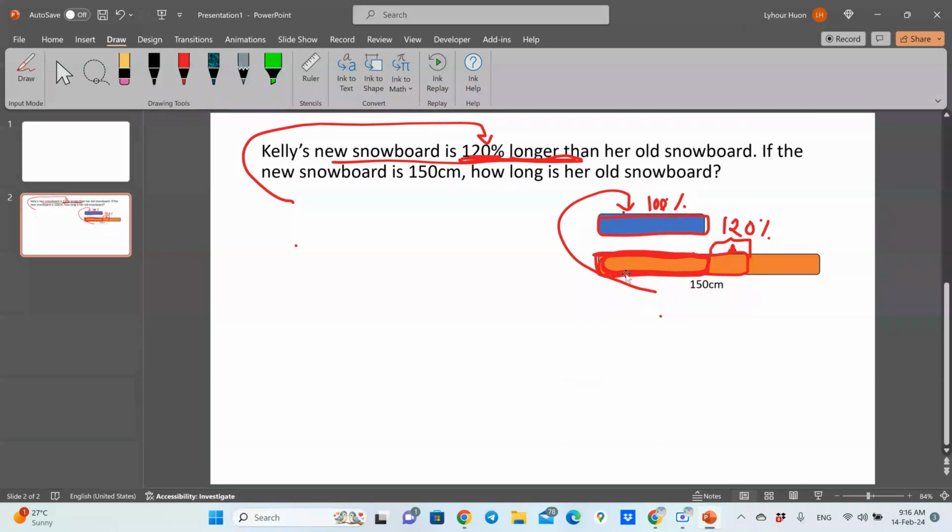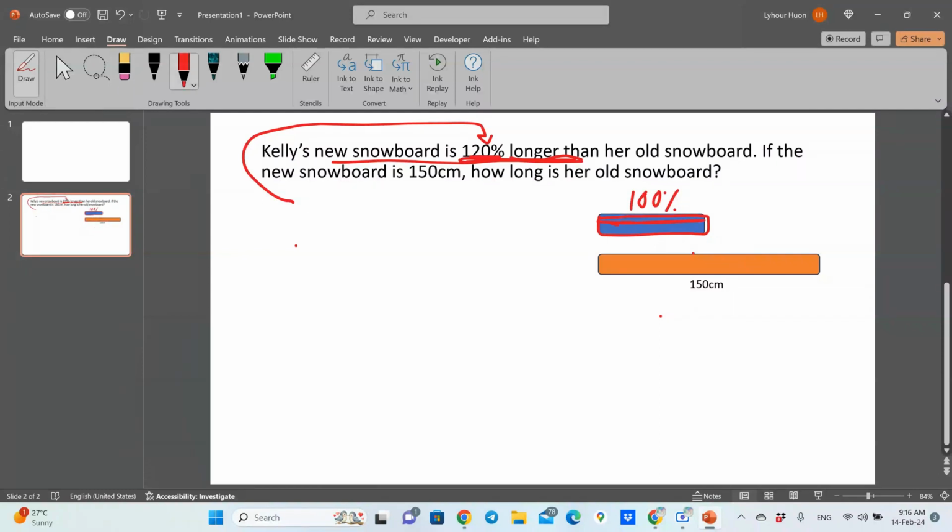But in terms of percentage, for example, the old one is 100%, and we know that the new one is longer by 120%.